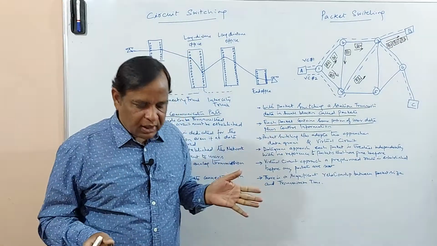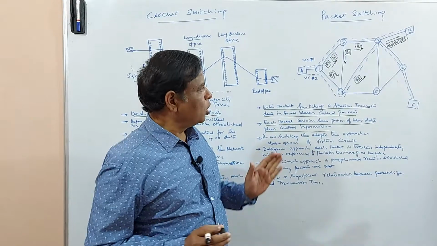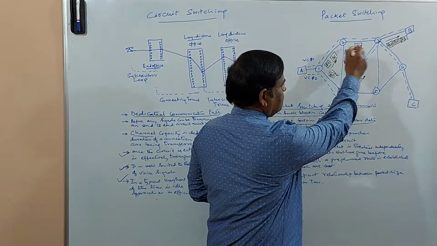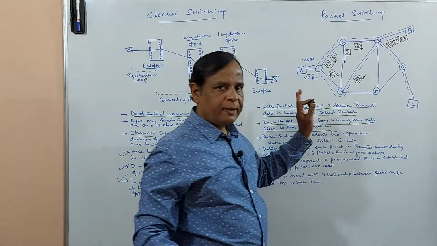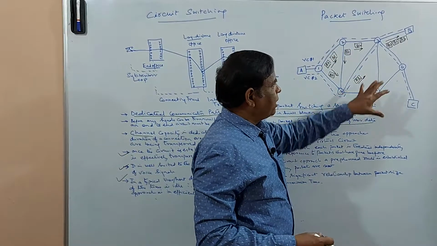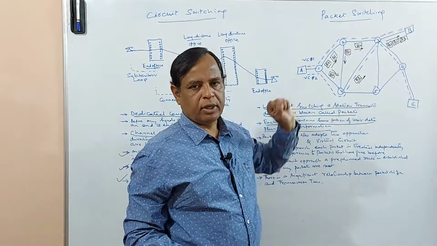What have we achieved by doing this? Just see this picture; I will be talking about the rest of the parts. A, B, C are the end users, and 1, 2, 3, 4, 5 are the different nodes in the network.